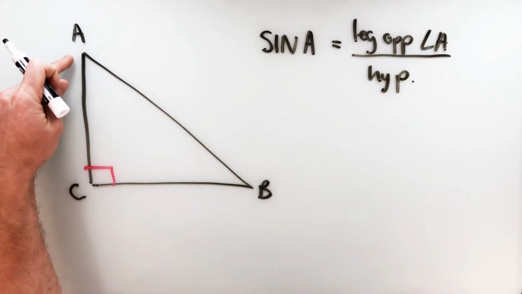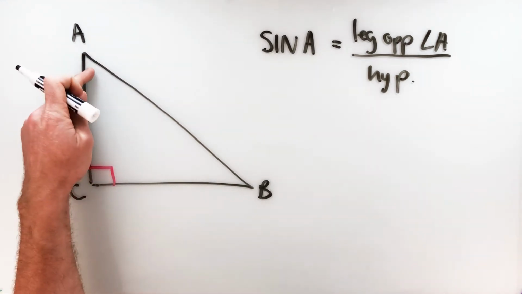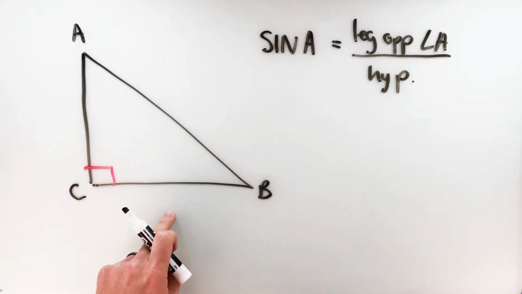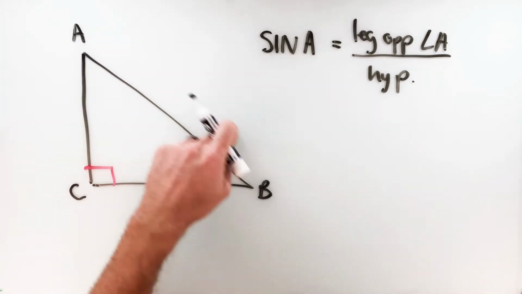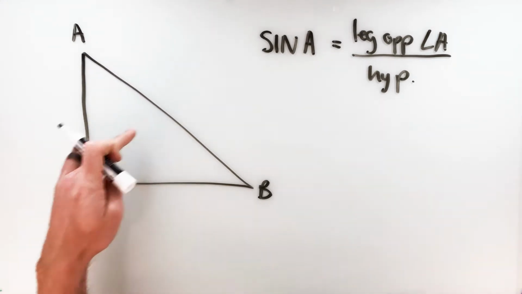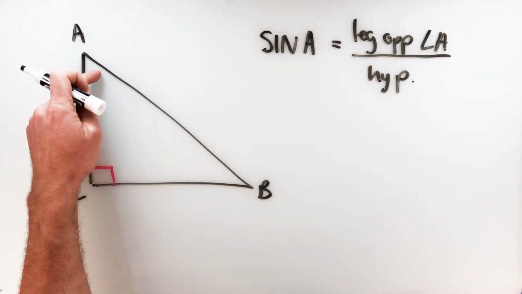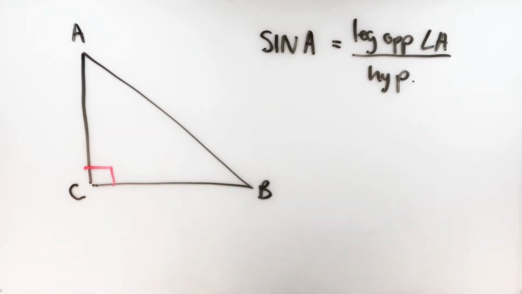So here's angle A, the length of the leg opposite of angle A, which would be this leg down here, opposite meaning on the other side of or not touching, over the length of the hypotenuse of the right triangle, hypotenuse being the longest side or the side that is opposite of the right angle. Okay, so that's the sine ratio, leg opposite of angle A over the hypotenuse.